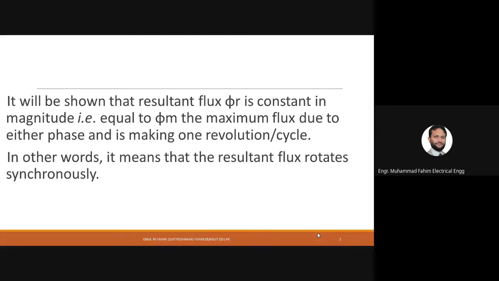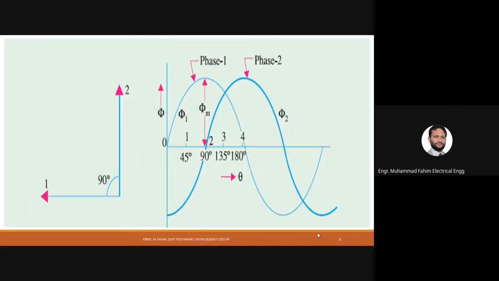In other words, the resultant flux rotates synchronously. Now this is again the phi 1 and phi 2, phase 1 and phase 2 waveforms, and this is phi max, by the way, and phi 1 and phi 2 are the two-phase fluxes.